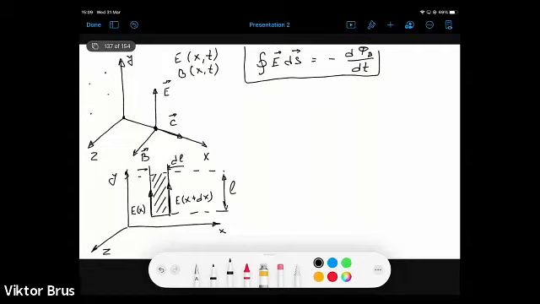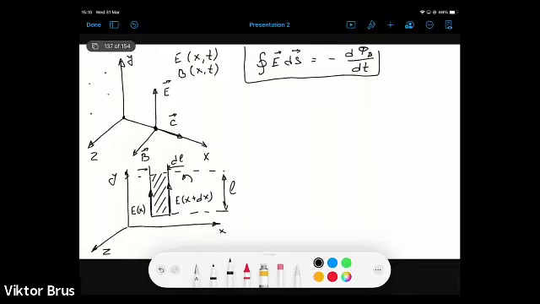The sides of the rectangular define the closed path over which we are going to integrate. It will be done in the counterclockwise direction, like this.